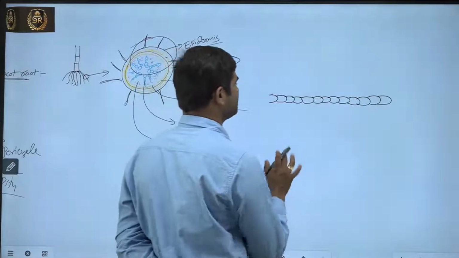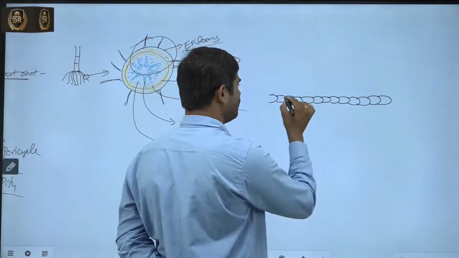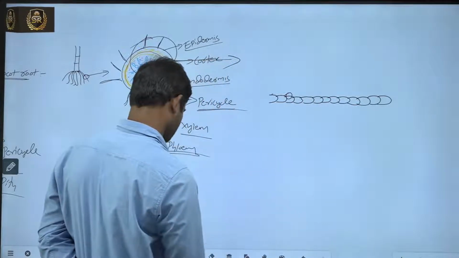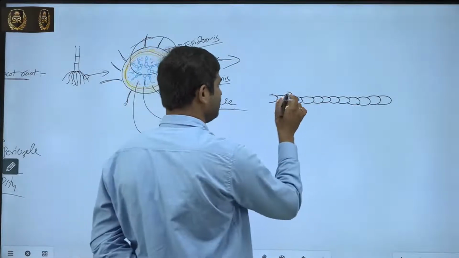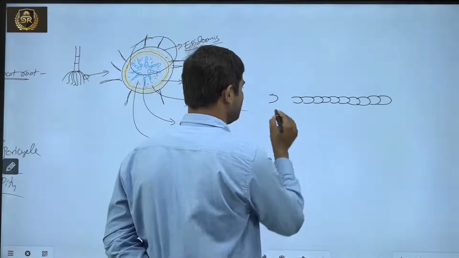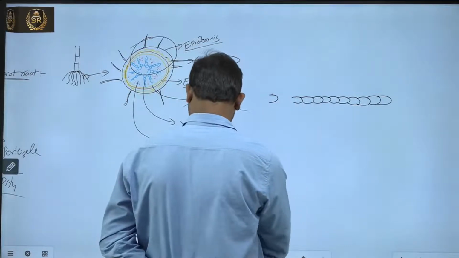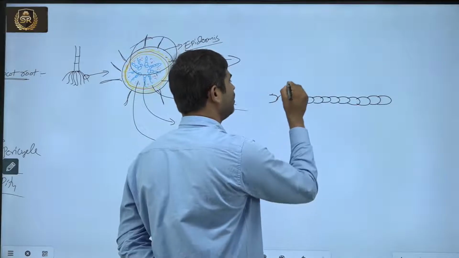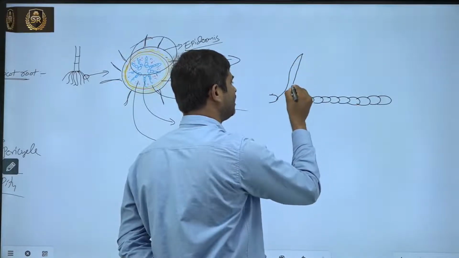Some epidermal cells extend outside. That is called a root hair. This is called root hair.